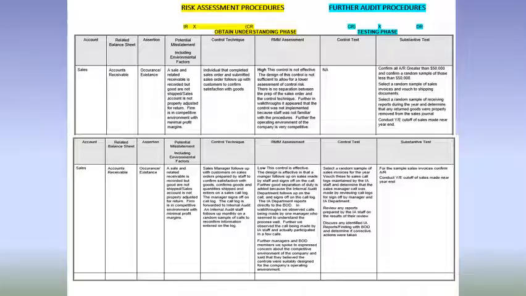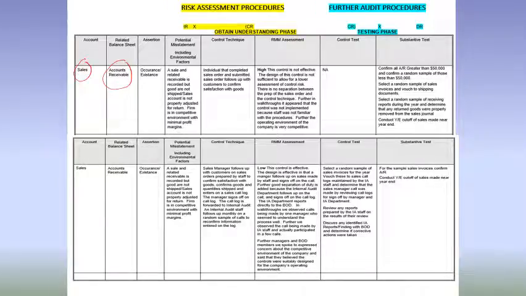When we go to the assertion level response, I put together this little chart to illustrate how that would work. Of course, we are auditing the financial statements, and so there are accounts there. Often, if your account is, say, sales, you would look for the related account.